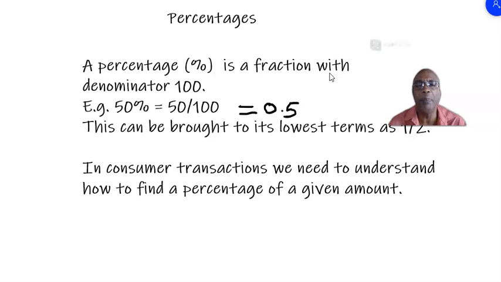So instead of multiplying by 50 over 100, we can simply multiply by 0.5 and use our calculators. So that's very important because most of the calculations you are going to be given in consumer arithmetic involve calculating percentages.